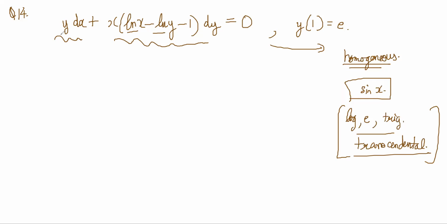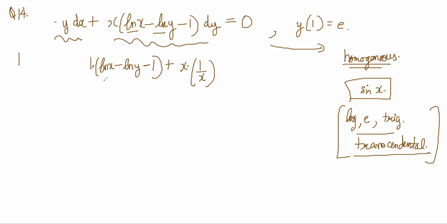So dou M by dou y here is 1. And dou N by dou x we have to check. So let's check that. So this is 1 into (ln x minus ln y minus 1) plus x into differentiation inside with respect to x. So 1 by x, that's it. So that is plus 1. So plus 1. Same only.